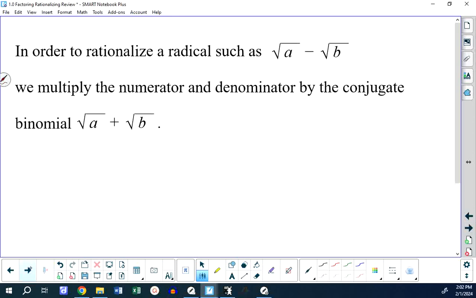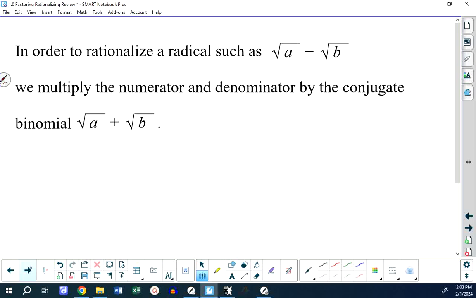That could be a denominator that we want to get rid of, or it could be a numerator that we want to get rid of, right? It depends. And you'll see later on how that works. Well, it turns out if you want to rationalize that radical, you need to multiply the numerator and denominator by its conjugate, which is root a plus root b. Don't confuse this with differences of squares.